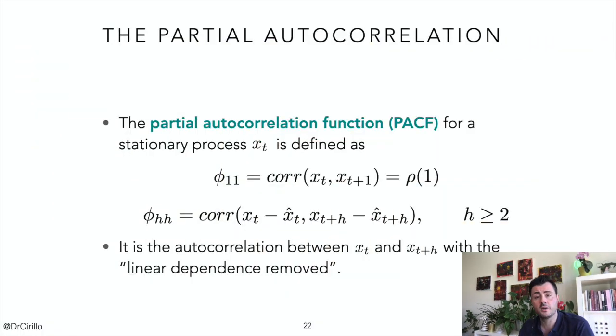So we define phi 1,1 to be just the correlation between xt and xt plus 1, and for what concerns phi h, this is nothing more than the correlation between xt and xt plus h once we remove the corresponding linear predictor.